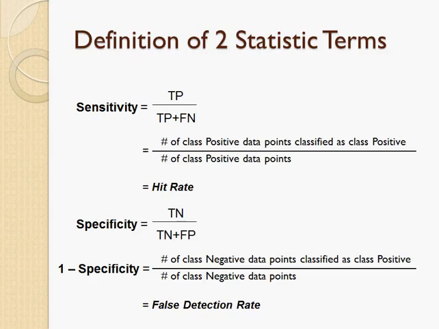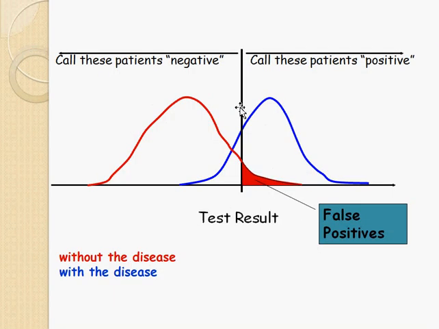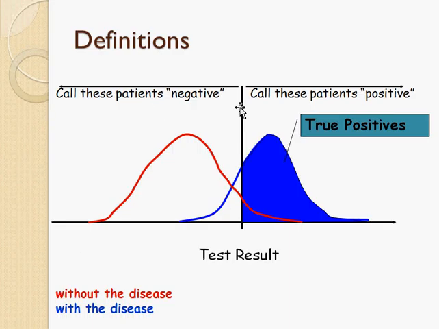Here are two statistic terms that we need to define. The first is the sensitivity. Sensitivity is the ratio between the true positive and the summation of the true positive and the false negative. If you look at the previous graph with the two curves, this is the big blue area over the area under the blue positive curve.